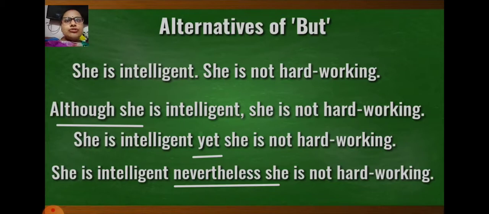Or you can use yet in between: she is intelligent, yet she is not hardworking. Or you can say, she is intelligent, nevertheless she is not hardworking. Nevertheless gives the same meaning you get by using the word but.